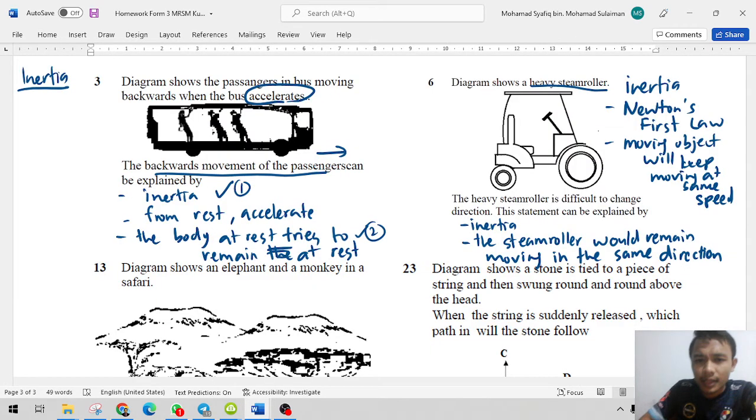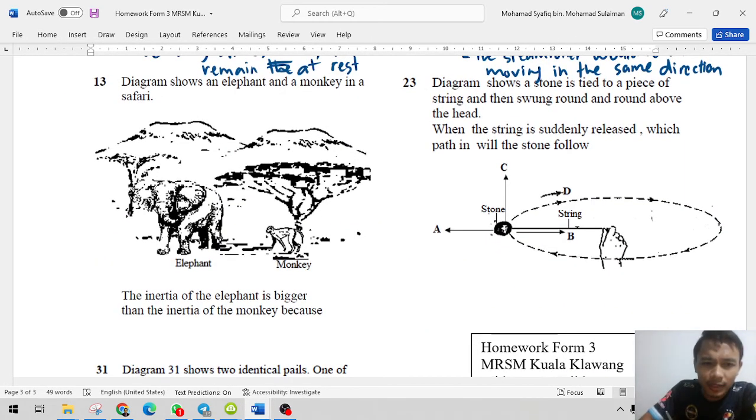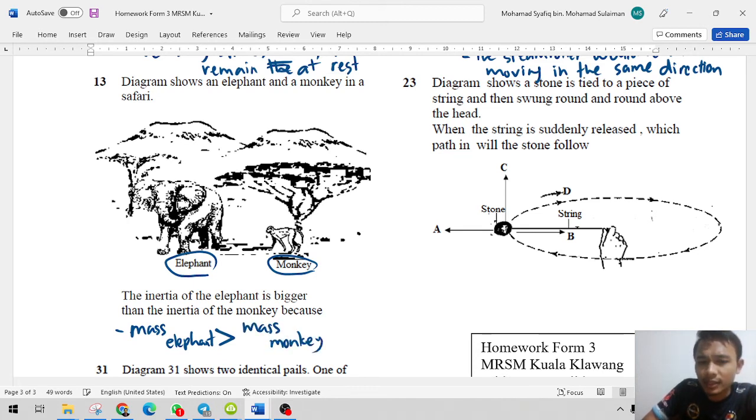Right, next one, we have an elephant and a monkey. The inertia of the elephant is bigger than the inertia of the monkey, because the mass of the elephant is bigger than the mass of the monkey. Mass is the only factor affecting inertia.